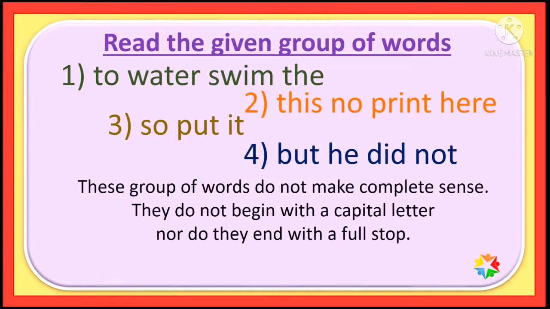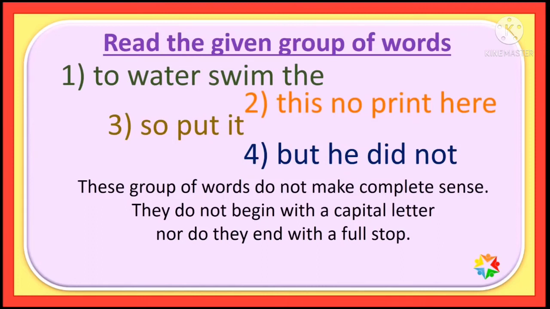Next examples. Read the given group of words. To, water, swim, the. Does it make any sense to you? Look at one more. This, no, print, here. Again, it does not make any sense to me. Now see the third one. So, put, it. Again, I can't make any sense out of this.